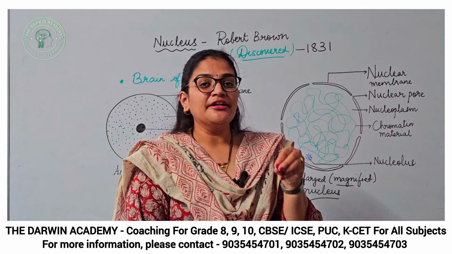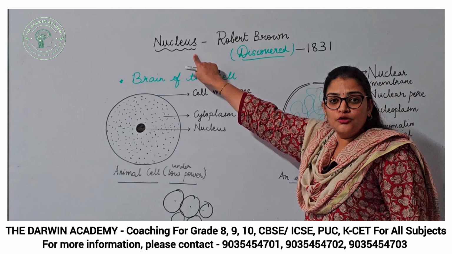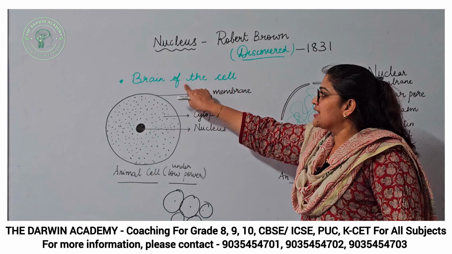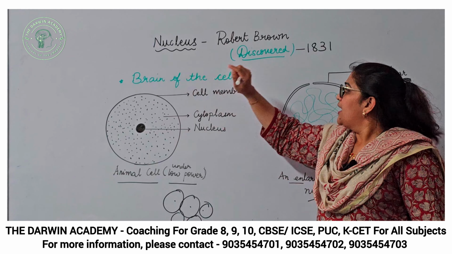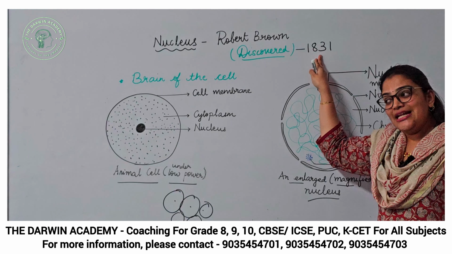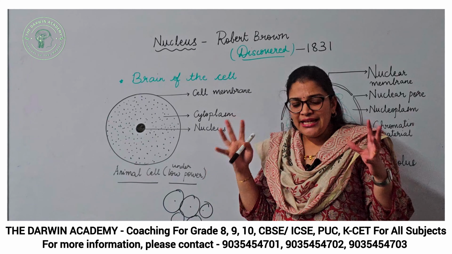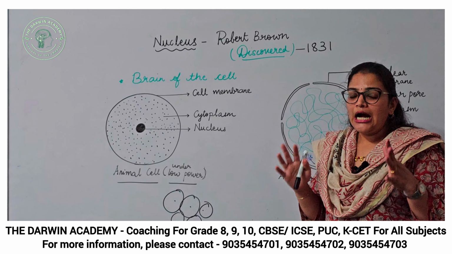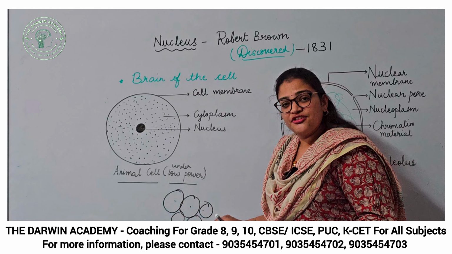Let me reiterate what I have discussed up until now. We are looking at the nucleus, which is called the brain of the cell. Now, who discovered the nucleus? It was Robert Brown who discovered the nucleus in the year 1831. If I observe any tissue under the microscope, I would see it this way.